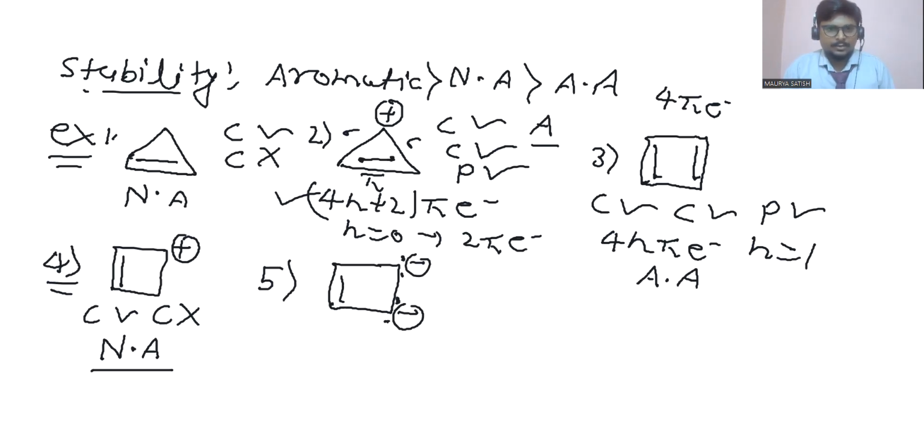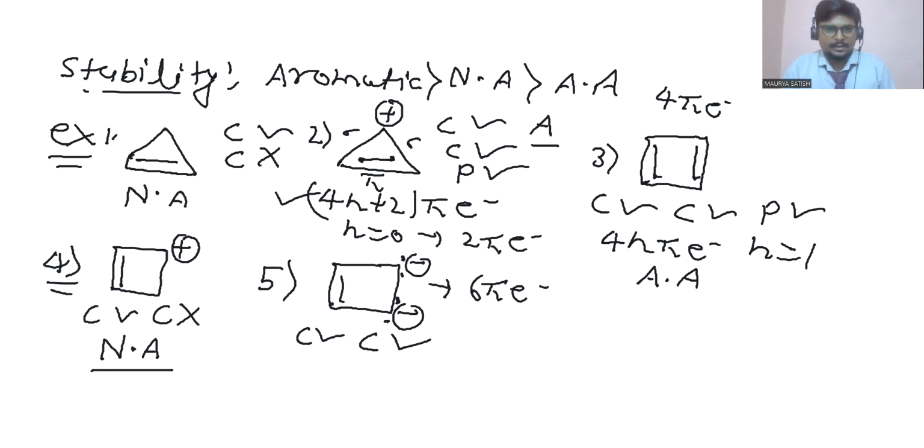Obviously, you see cyclic is this, conjugation is satisfied: pi sigma, charge sigma pi. Very good. Conjugation is also there. Then move to the total. There are 6 pi electrons. How? This lone pair also contributes in the conjugation. So 2, 4, 6 pi electrons.